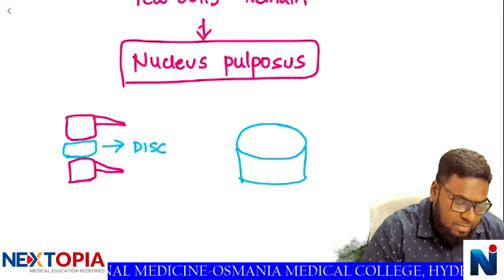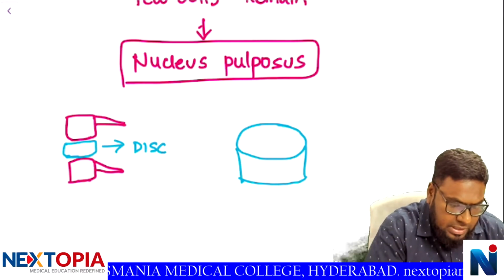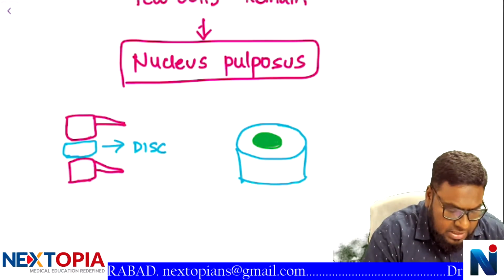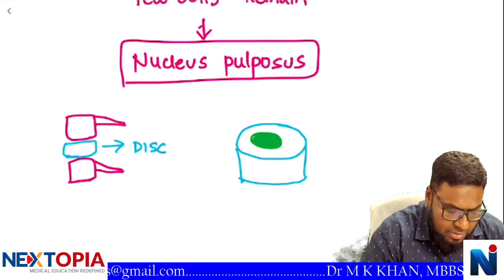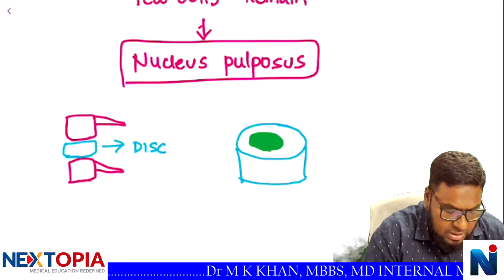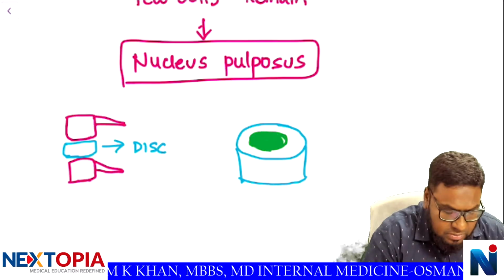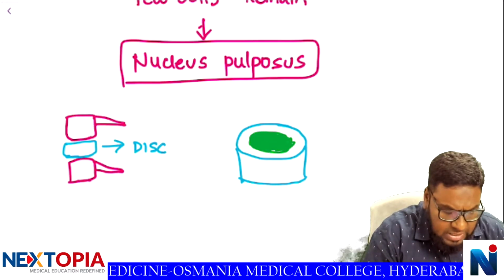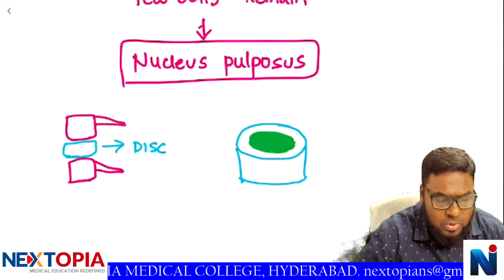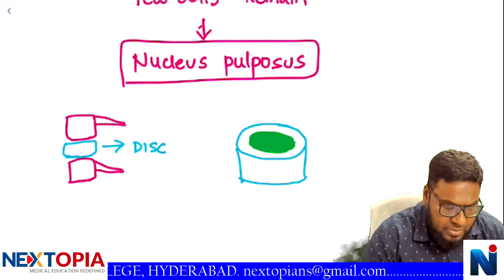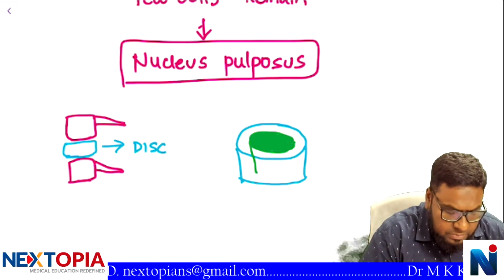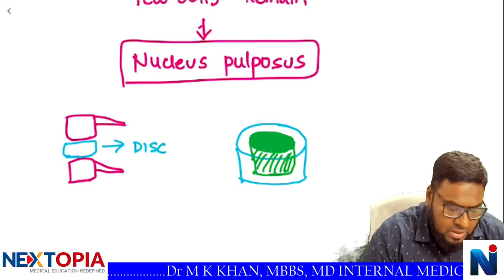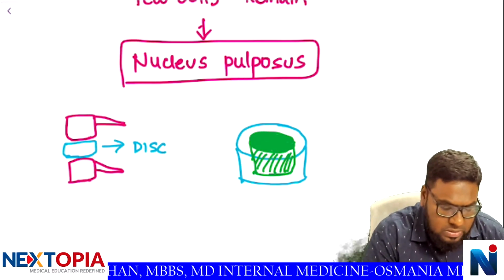In the central portion of the intervertebral disc, there is a painless structure, painless because it is devoid of any pain fibers. This is a sponge-like structure containing a small amount of fluid, and it is called the nucleus pulposus.